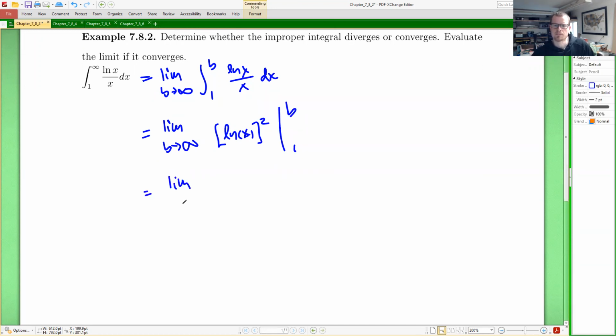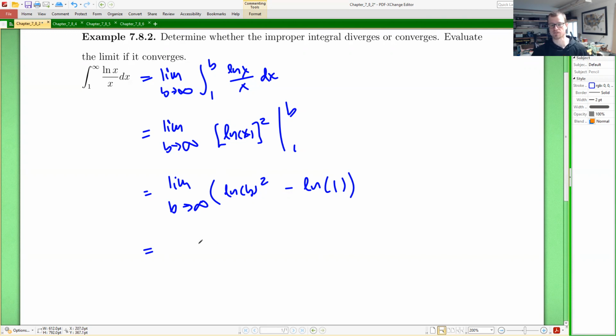So this is the limit as b goes to infinity of one half the natural log of b squared minus the natural log of 1.